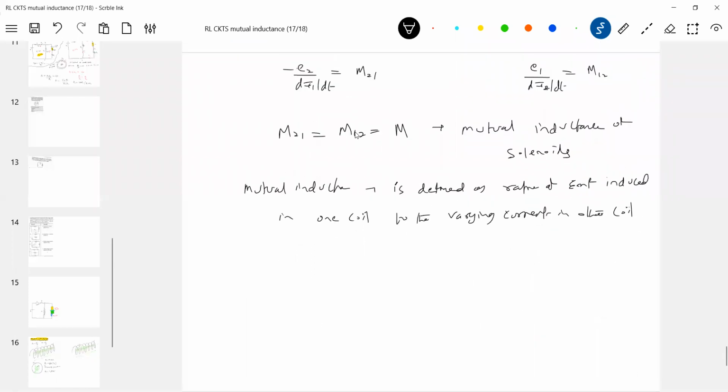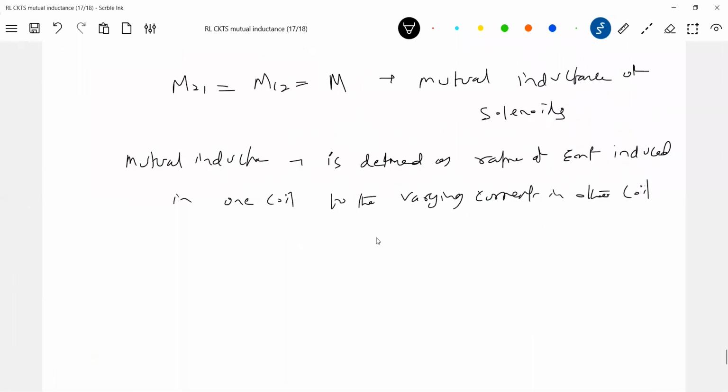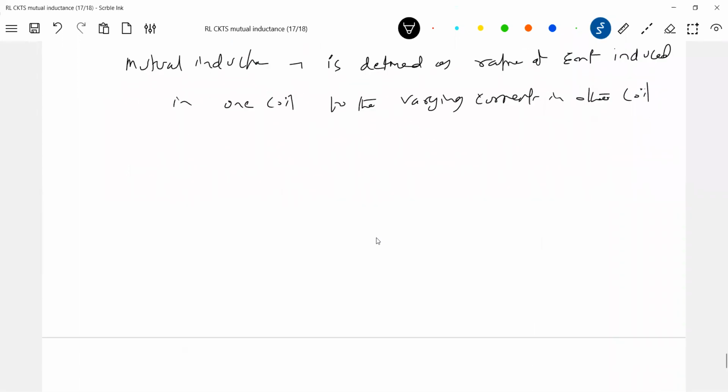So let's take one more example. This time I took solenoids, and you may find the area calculation a little difficult, so let me go for a generalized example. Let me take two coils. There's coil 1.